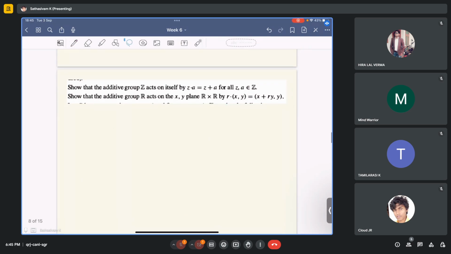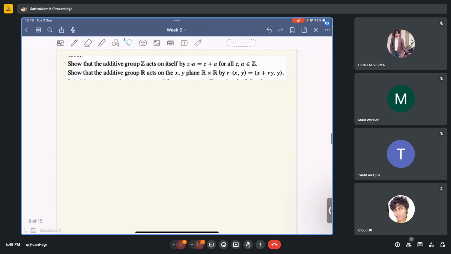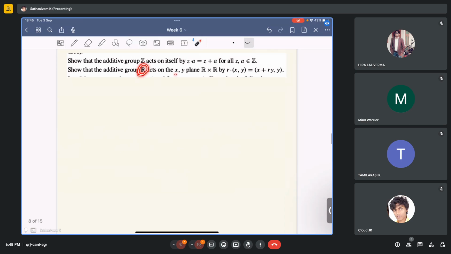Okay, so let's do the second one. Here we have an additive group R, and this additive group acts on the XY plane. In the previous one Z acts on itself, but here R acts on R2.